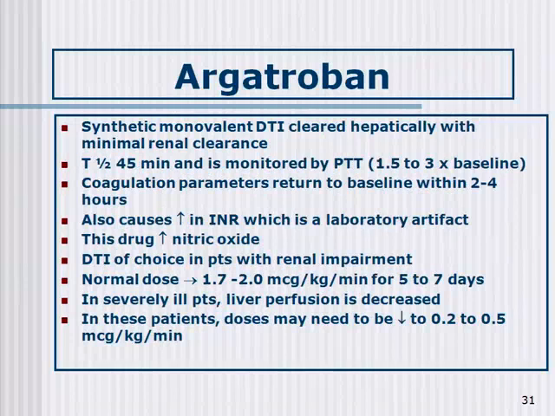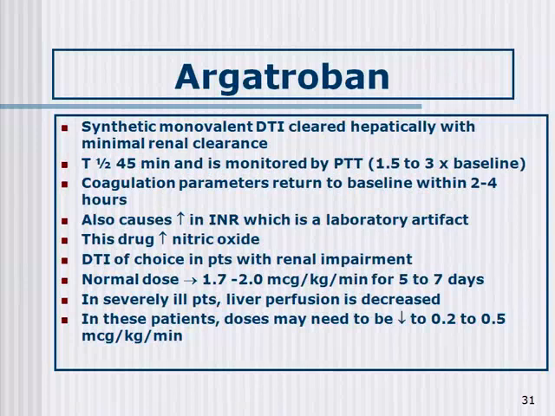Because they're direct thrombin inhibitors, they will also increase the prothrombin time and INR, and so you have to be aware of that if you plan on putting these patients on warfarin. This drug does increase nitric oxide, and so I'm not certain what the clinical implication of that is, other than some patients may have a slight drop in blood pressure as a result.